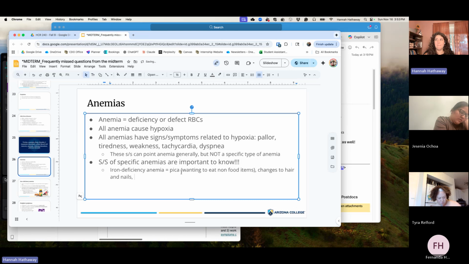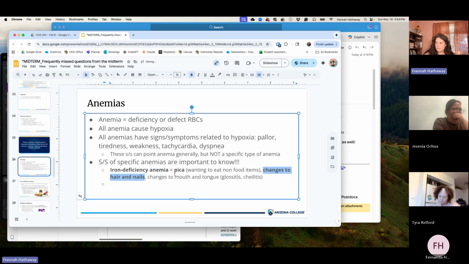And then there's also some changes to the mouth and tongue. Perfect. That's for iron deficiency anemia.